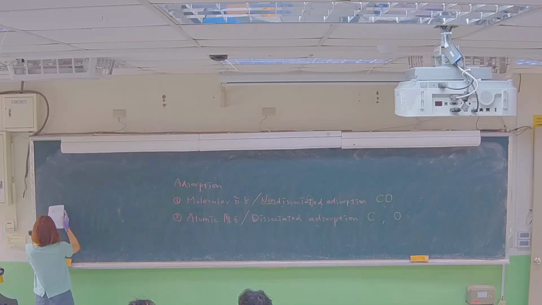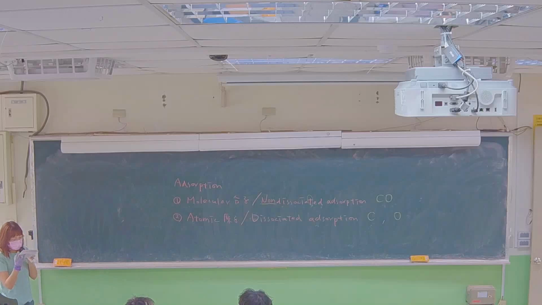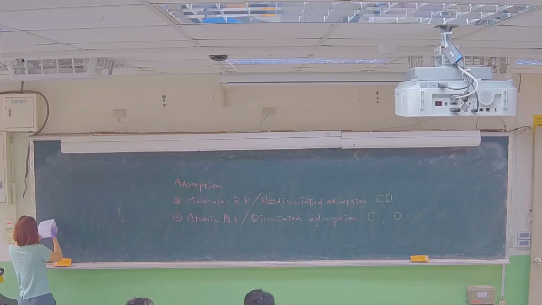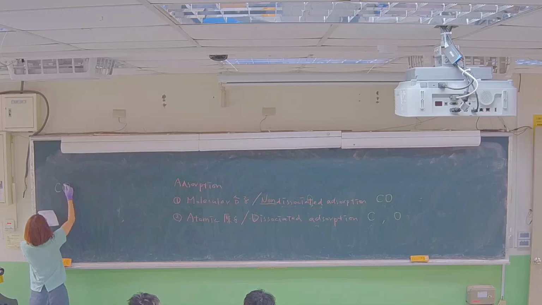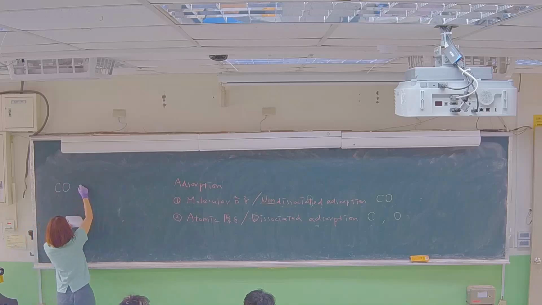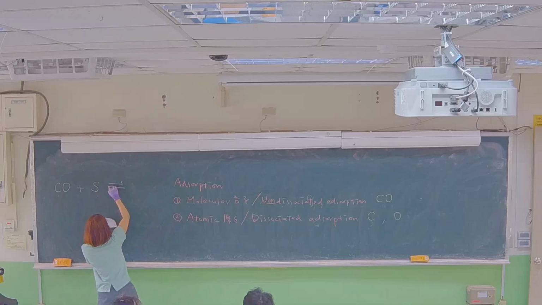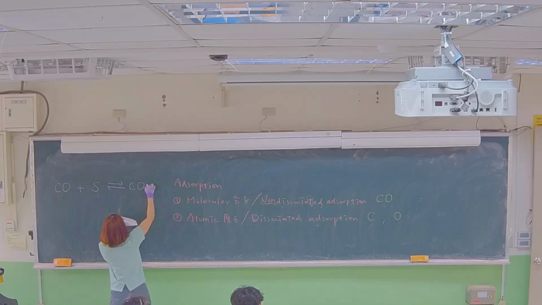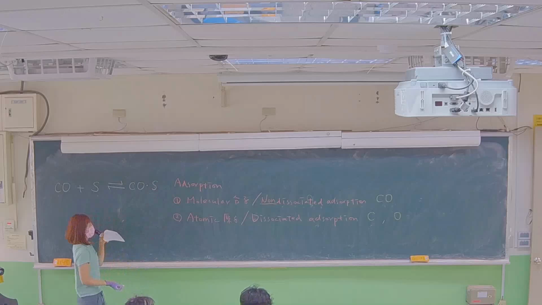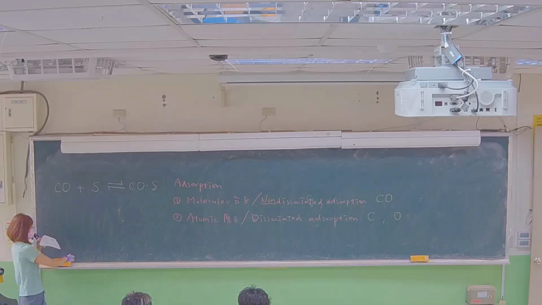Slide 31, molecular non-dissociated adsorption. CO is adsorbed as molecular CO, so the reaction is CO and the active site becomes CO adsorbed on the active site. That is the chemical reaction.